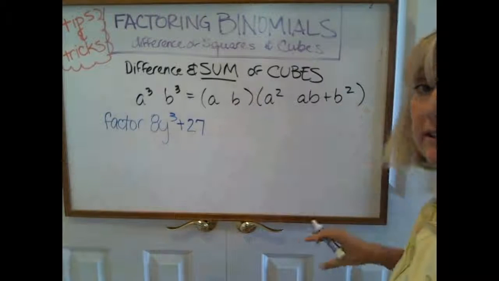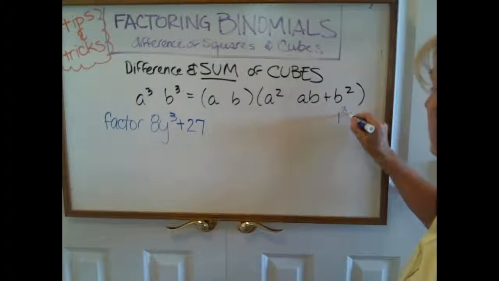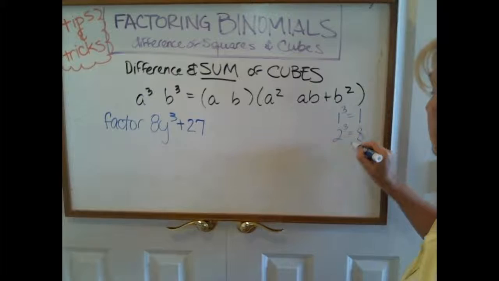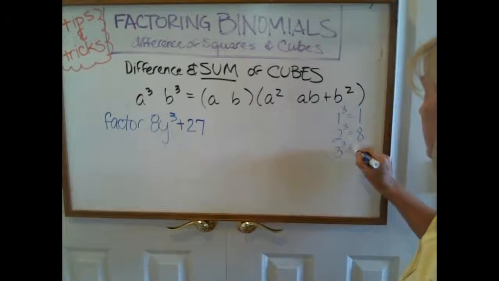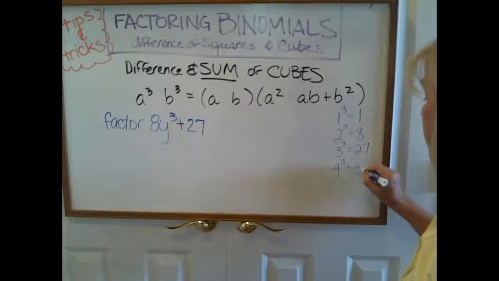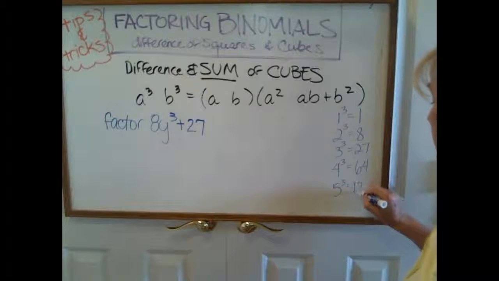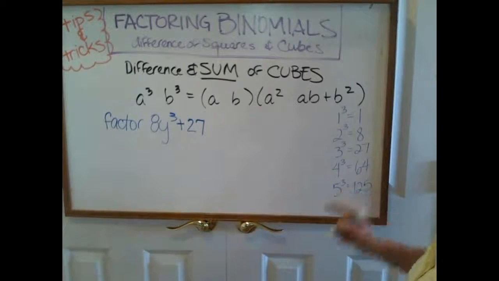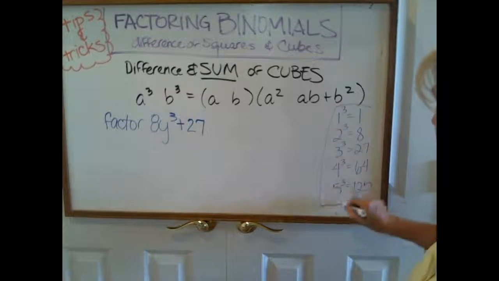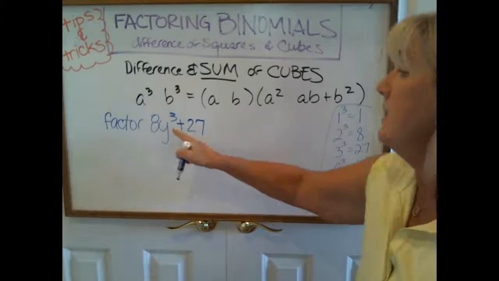Sometimes I like to make a list so you can sort of know. 1 cubed is 1, 2 cubed is 8, 3 cubed is 27, 4 cubed is 64, 5 cubed is 125. You basically take the number by itself 3 times and get these. So just keep those in mind.